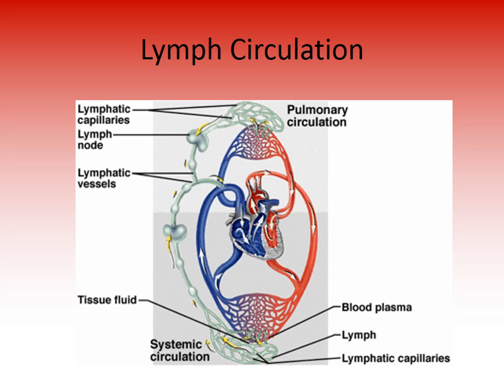This here is a diagram showing you the lymph circulation, and it goes hand in hand with our blood circulatory system. Here's the heart and the arterial blood leaving through the arteries, going down into the capillaries where nutrient absorption and waste pickup happen, and then into the venous system.